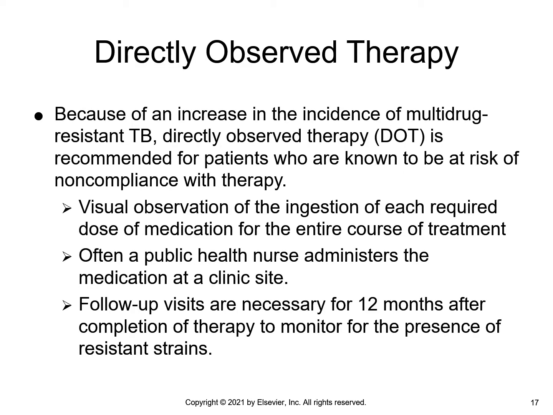Some patients do not want to comply with their course of medication. So in that instance, we recommend that we use directly observed therapy. Then we will visually see the individual take each dose of the medication, and oftentimes this will use a public health nurse or a clinic nurse.